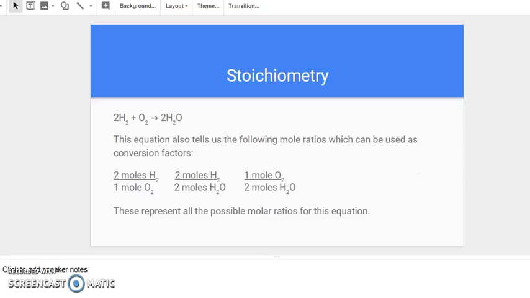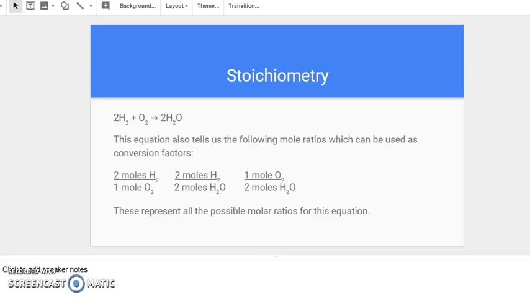So therefore, from this balanced equation, we can pull some conversion factors, okay? So remember, conversion factors are equalities, like 12 eggs are in 1 dozen eggs. You worked a lot with how many grams are in 1 mole of a particular substance.